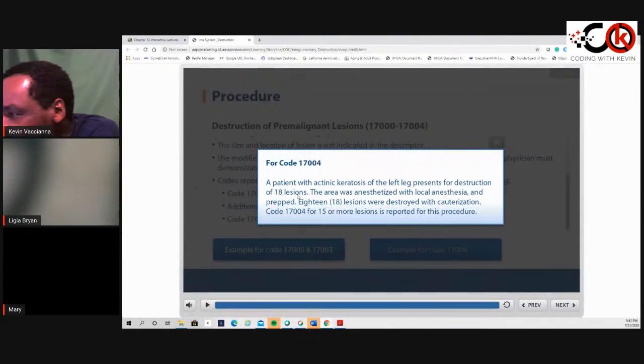So it's 18 lesions. 18 lesions were destroyed by cauterization. So code 17004 represents 15 or more lesions. So that will be the code of choice that you would select for that example. Any questions on that? No. You guys are following in your CPT book, I hope.